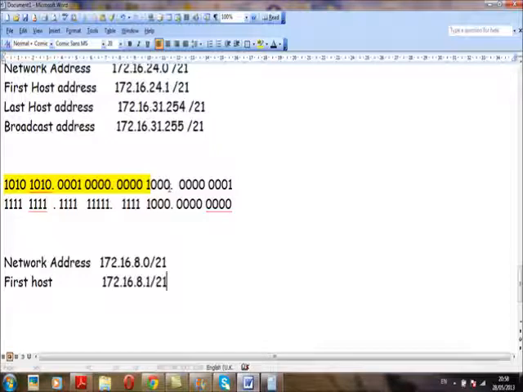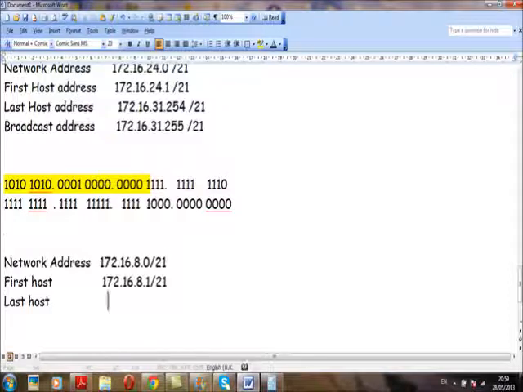And then to get our last host, in binary, all we need to do is turn everything to 1 other than the last bit. So it's 1, 1, 1, 1, and then 1, 1, and the last one is a 0.